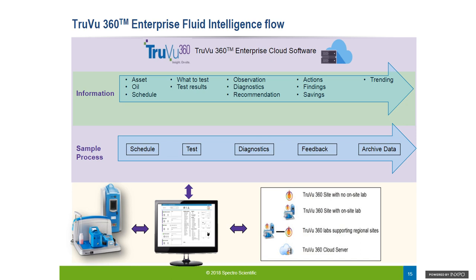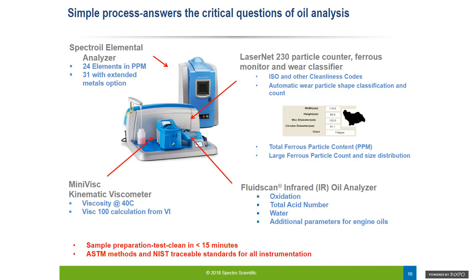Well, they can access information in the database and the sample list from sites that may not have any oil instrumentation in-house, yet they share the database with a more central location that does have a MiniLab. And in that way, you really have an enterprise-level view and control of your oil analysis program. And I'll come back to that in just another slide.